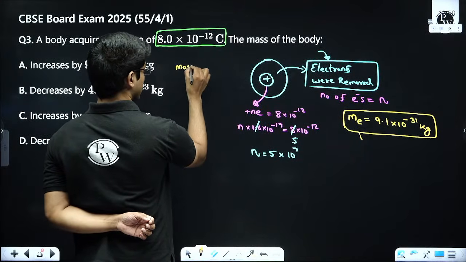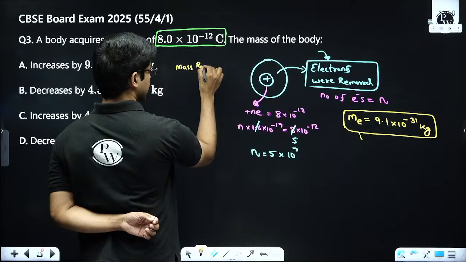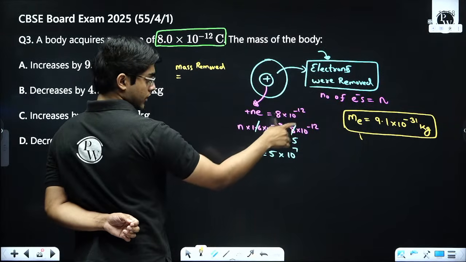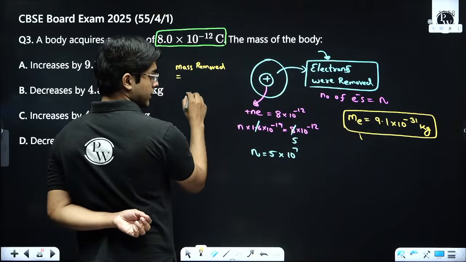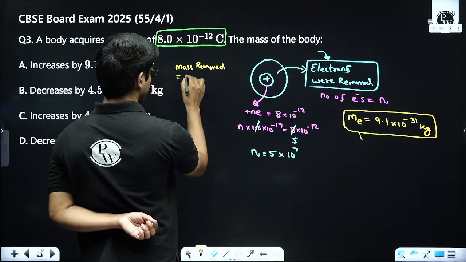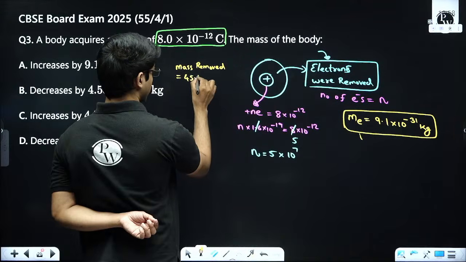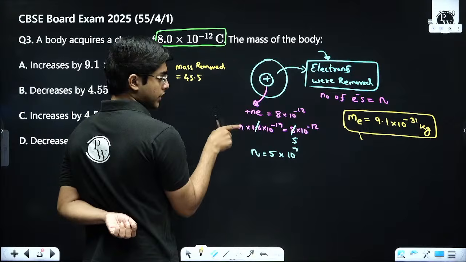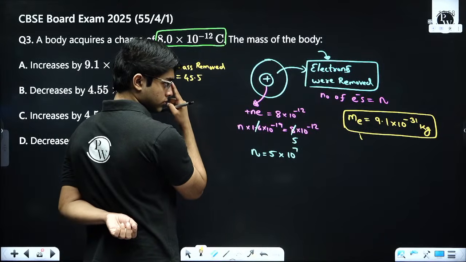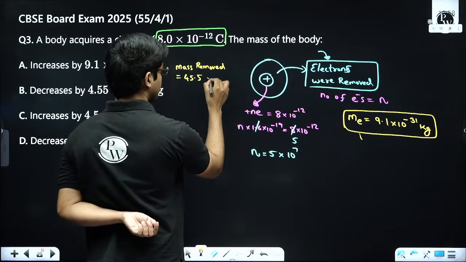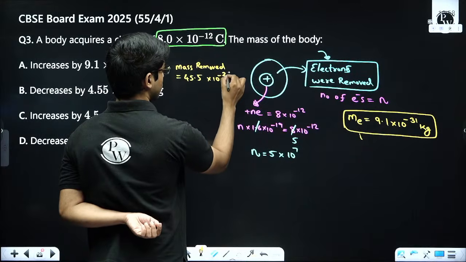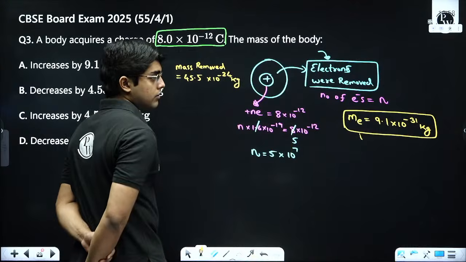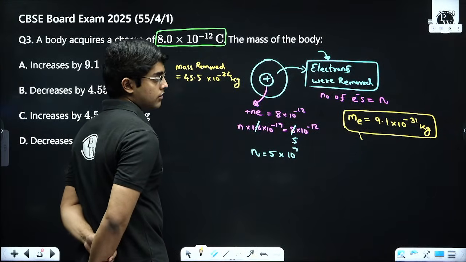So the mass removed, you just have to multiply these two numbers, right? So the mass removed will be, take it as approximately 45.5 if you multiply 9.1 and 5, and 10 raised to minus 24 kgs. 31 and 7, if you subtract, you will get 24.